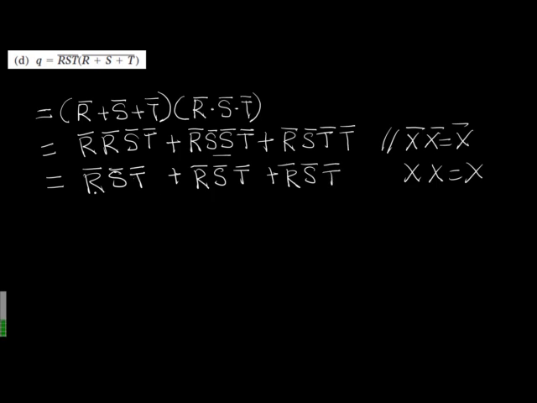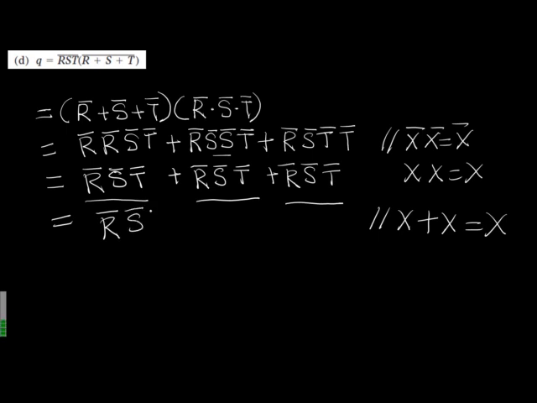Okay, so now you can see the other theorem which says X or with X is equivalent to X. Okay, so now you can see similar R bar, S bar, T bar, R bar, S bar, T bar, R bar, S bar, T bar. So I'm going to reduce it to one of them using the theorem. So this will be your final answer.